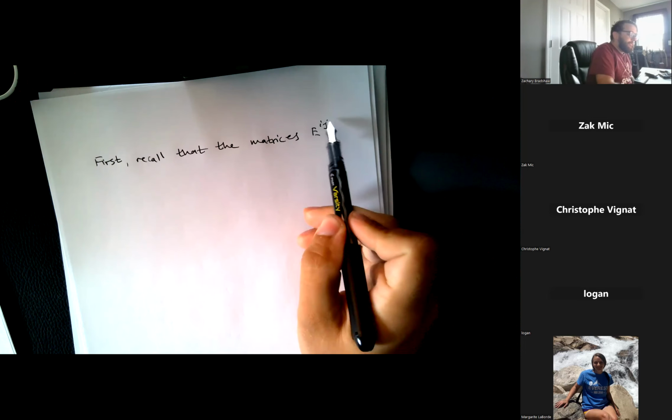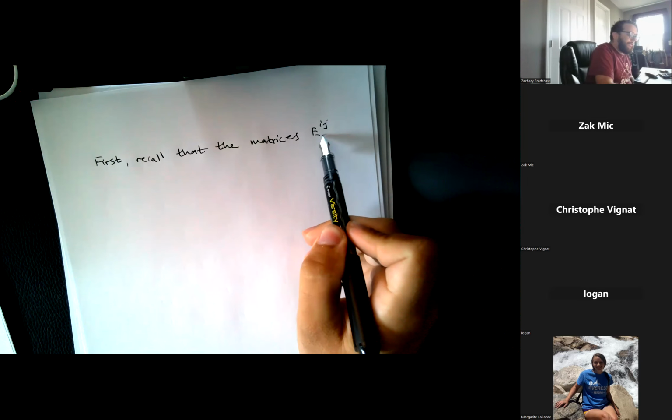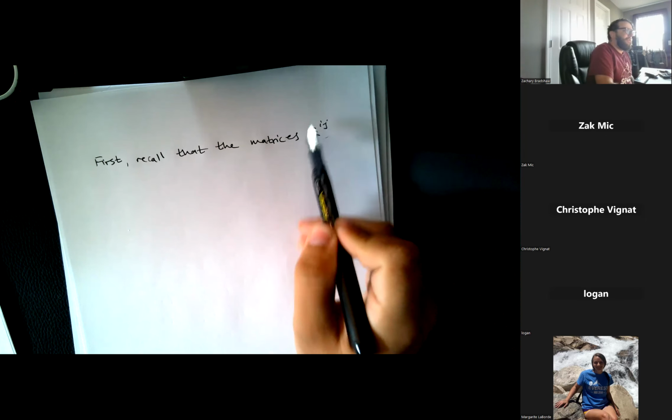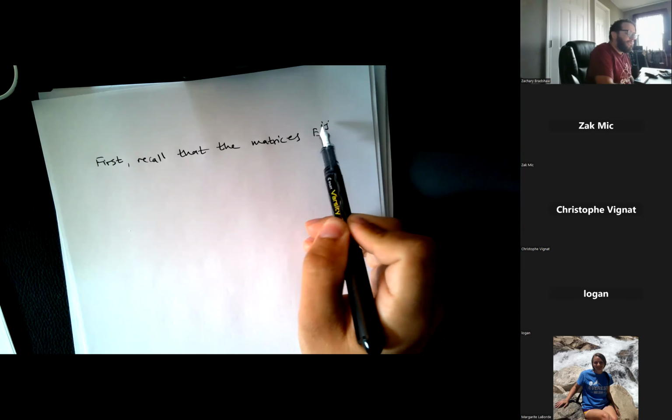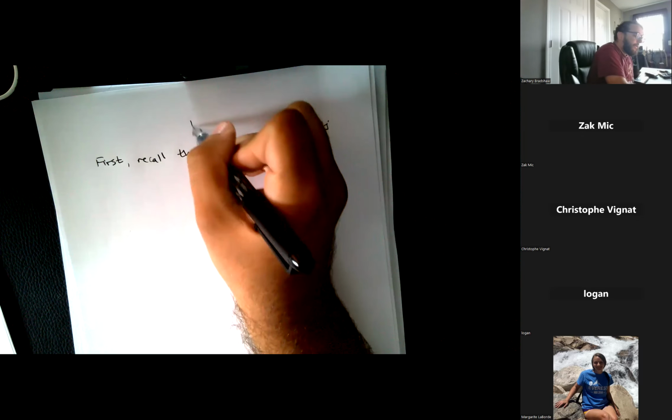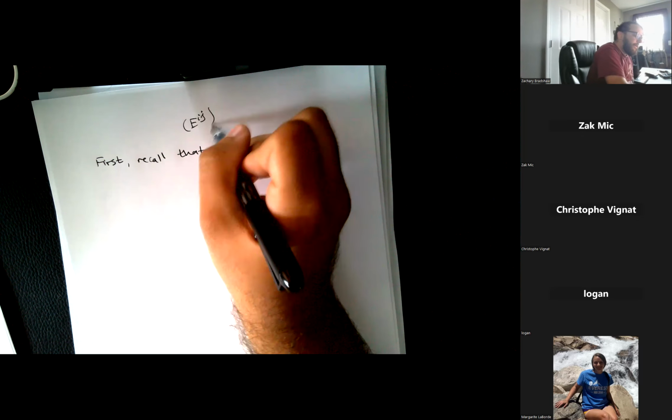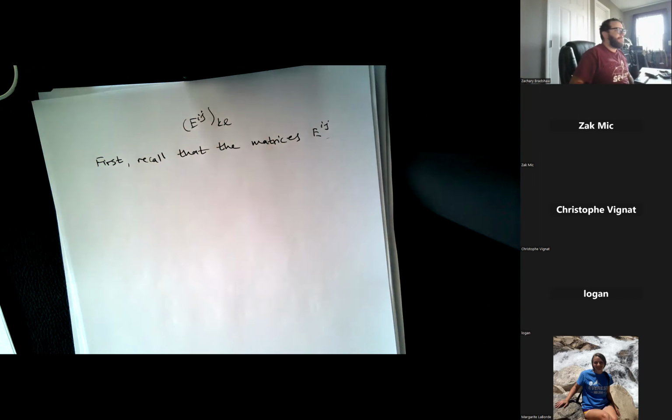The reason I put the superscript here is because I don't want to put it in the subscript and have you confuse this as components of a matrix. This thing is a matrix itself. So the components will be listed as E^{ij}_{kl} for the kl components.